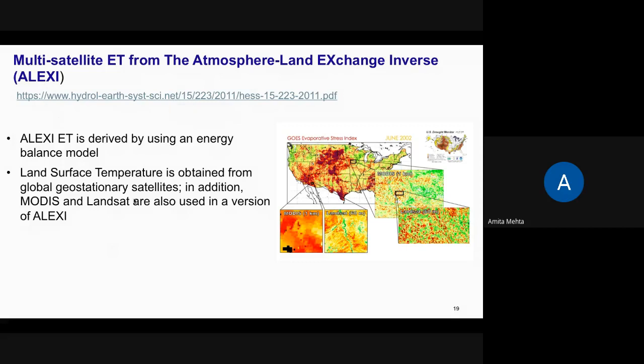Both MODIS and Landsat, being optical sensors, are used here. When it is cloudy, it is very difficult. You don't see the land. Because of that, when multiple sensors are used together, there is more likelihood that you can catch clear sky conditions and then look at the land. So this is an improved product compared to the previous 2 that we just talked about.